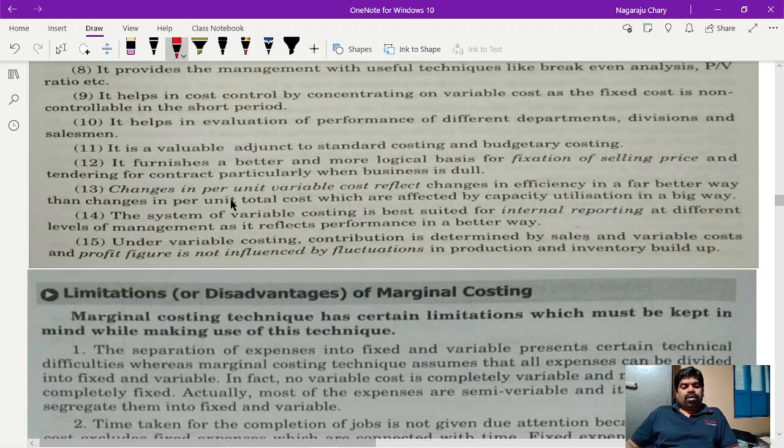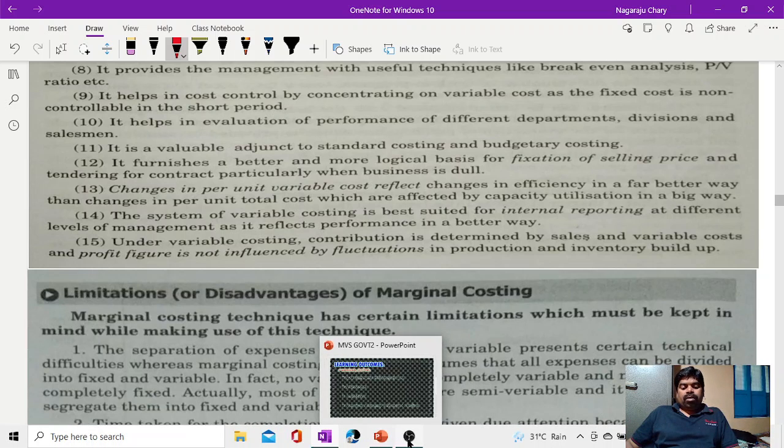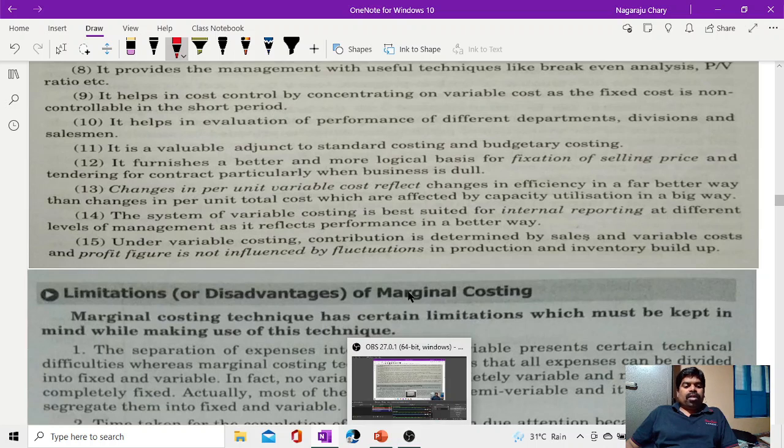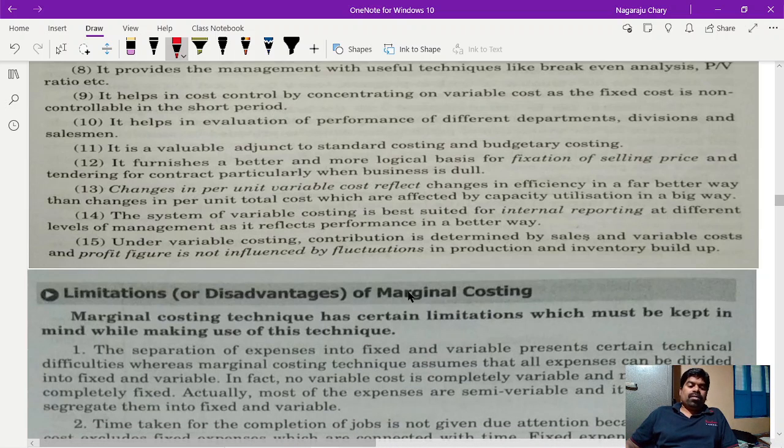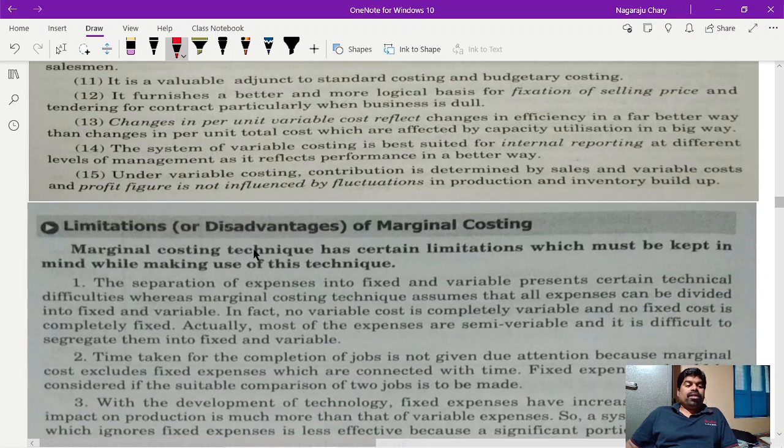Changes in per unit variable cost reflect changes in efficiency in a far better way than changes in per unit total cost, which are affected by capacity utilization in a big way. So it can be easily known to the management that changes in variable cost reflect other areas where the cost may be influenced. So that's why it can be easily understandable.